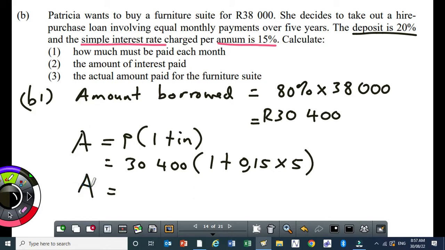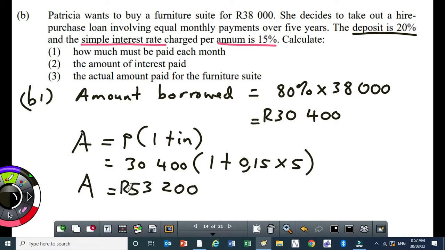What's the value of A here? 53,200. Are you all getting that?